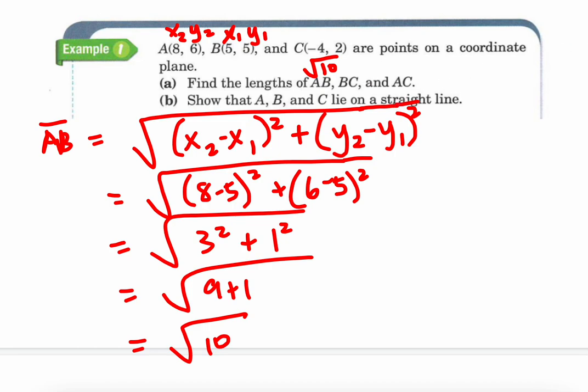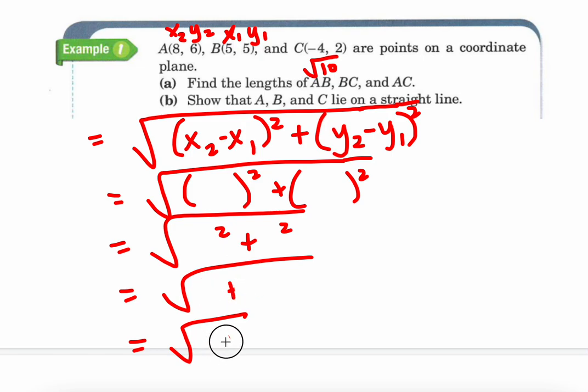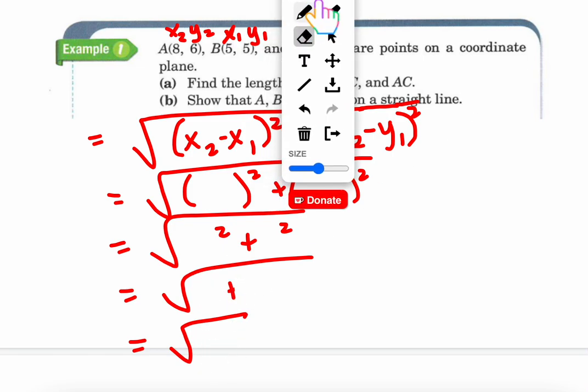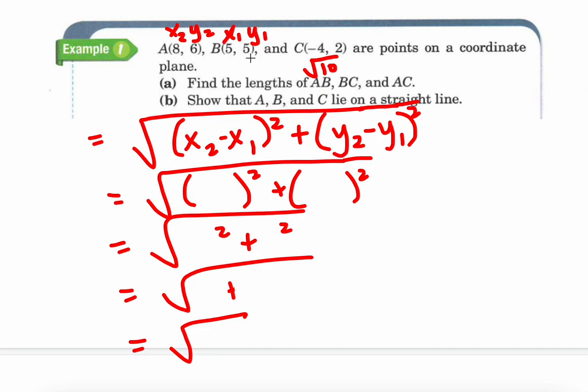Now we need to figure out BC. So let's go ahead and save some space here so that we don't have to do all that later. All right, B and C. Well, I already put this as x1, y1, so let's make this x2 and y2, okay?